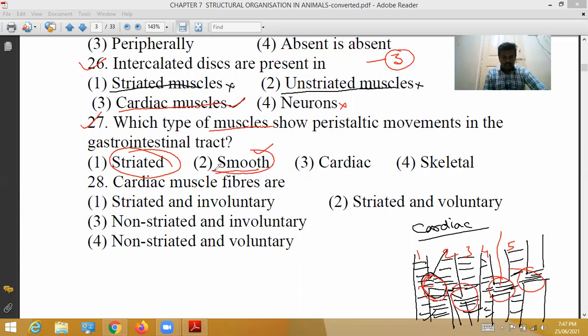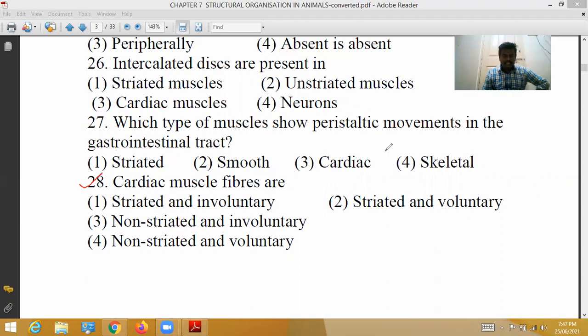So second option is the correct option. Cardiac and striated muscles are not associated with peristaltic movements. Skeletal muscles are also not associated. Therefore, 27th question, correct option is 2.